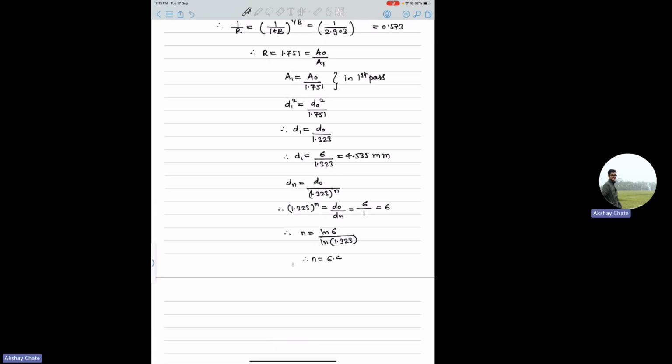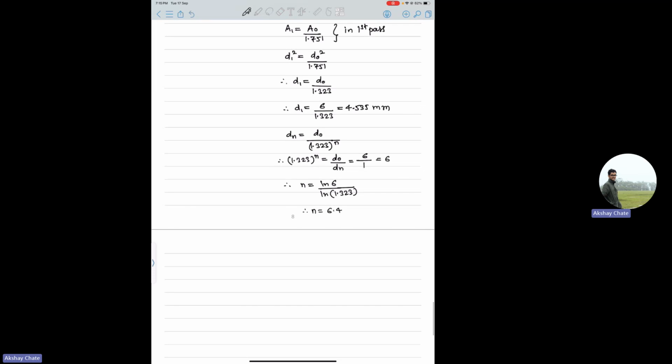as 6.4. Whenever you get a fraction like this, you have to take the next integer, because you cannot have fractional passes. So therefore n equals 7. You need at least 7 passes to have reduction from 6 to 1 mm, assuming maximum reduction per pass.